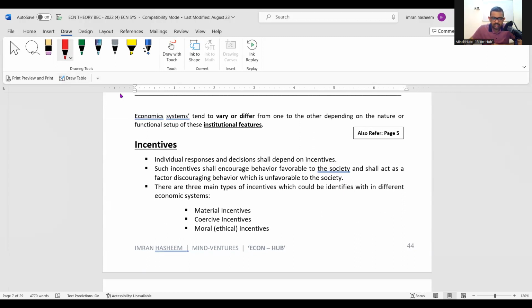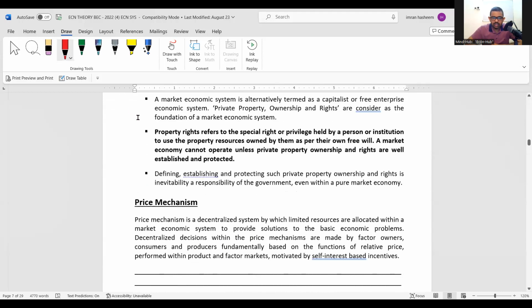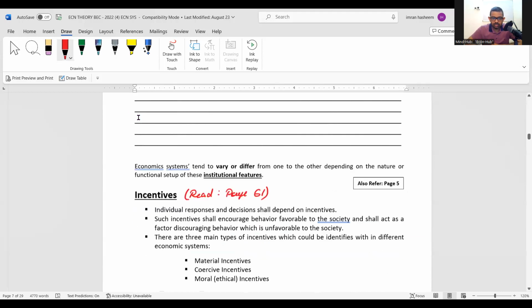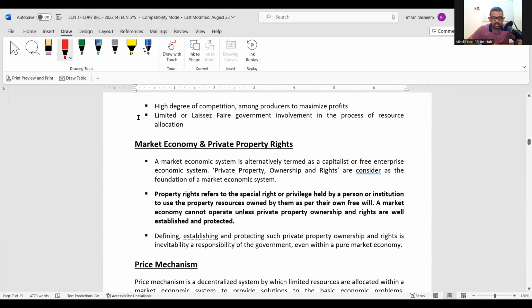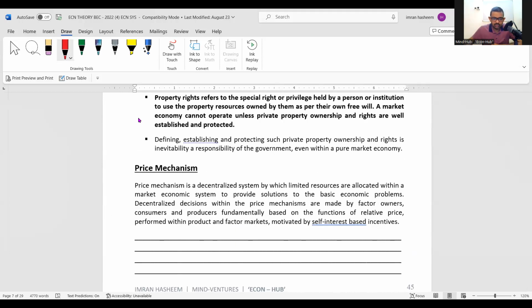Just write, read page 61. Similarly here, for price mechanism, please write, read pages 62, 63. Are the page numbers correct?